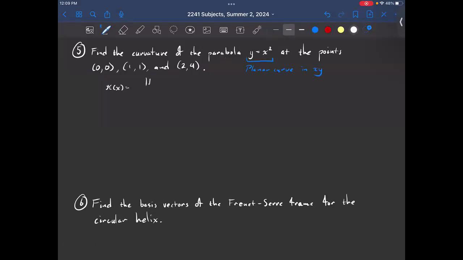It's given by this formula: take the absolute value of the second derivative and divide that by 1 plus f prime of x squared, all to the 3/2 power.